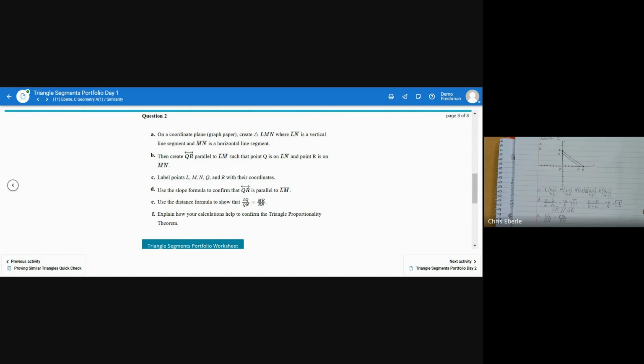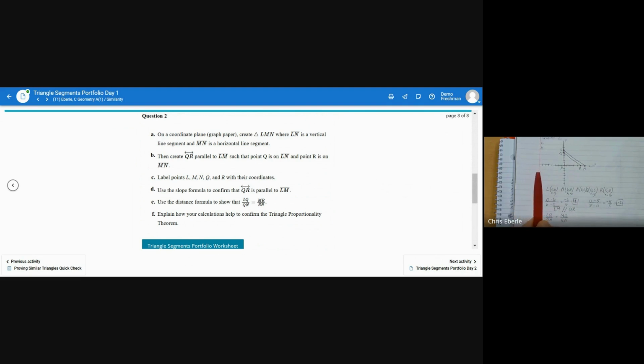So in this case, we have to have LN as a vertical line, and NM needs to be a horizontal line, so it must be in this configuration. Now you can move it up and down or left and right, but it has to be vertical and it has to be horizontal.